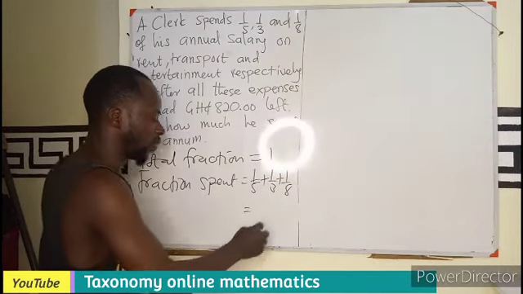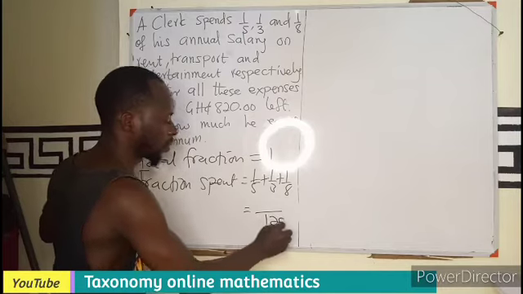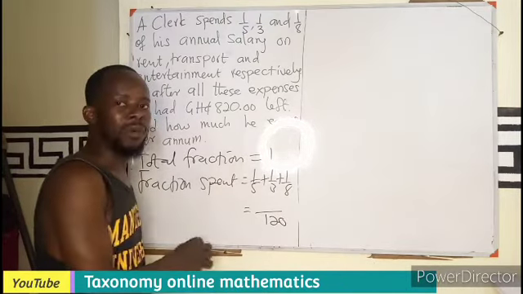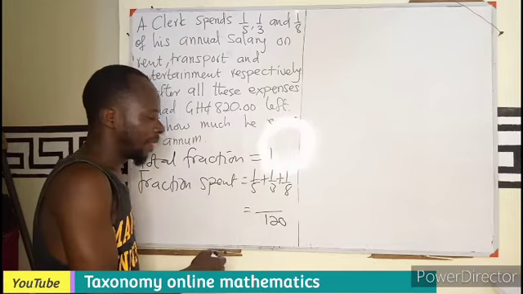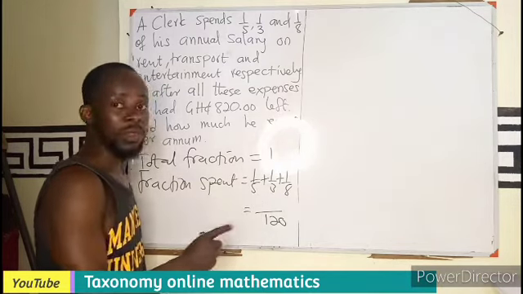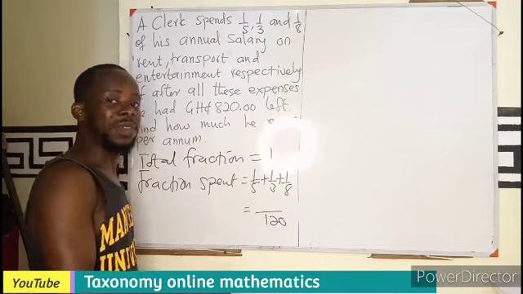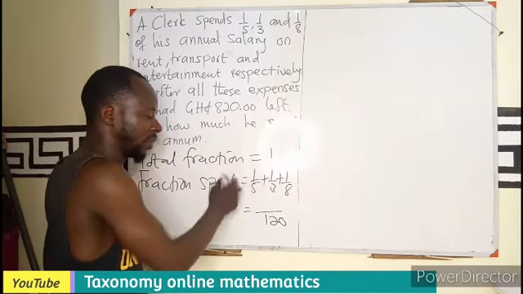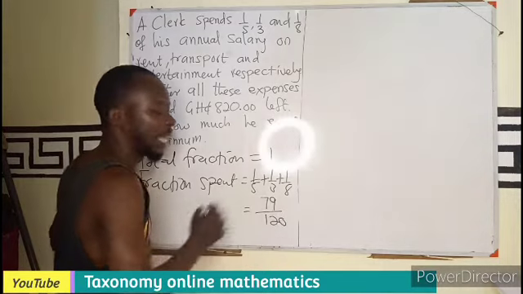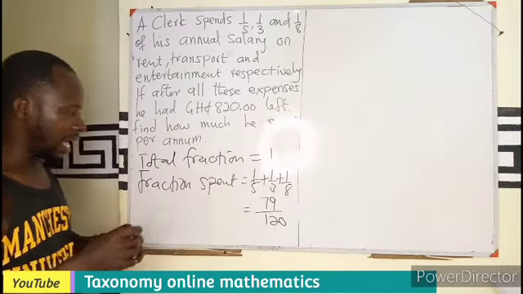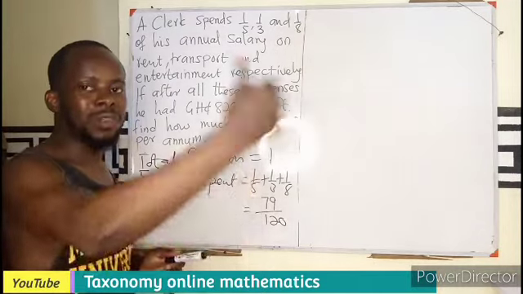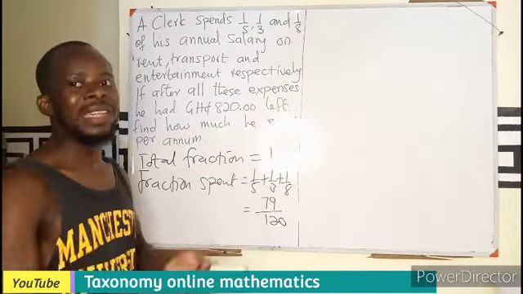So if it is 120, then it means this is going here 24 times. So 24. This is going here, we have it as 40. This is going here 15. If we add 15, 40, 24, we have what? 79. So it means that this is the total fraction of the amount spent on transport, rent, and entertainment.